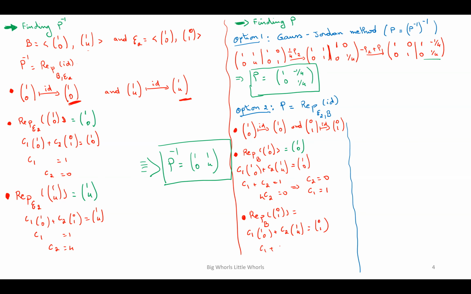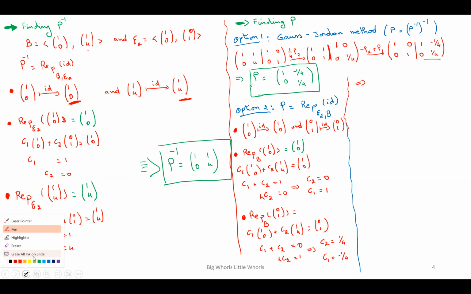So we have C1 plus C2 equals 0, and 4C2 equals 1. That means C2 equals a quarter and C1 equals minus a quarter. So I can write the representation here: C1 is minus a quarter and C2 is a quarter.